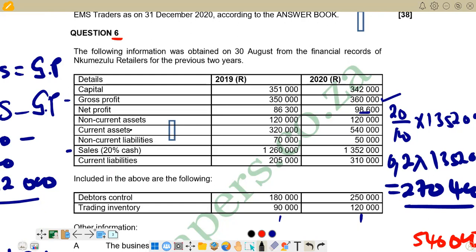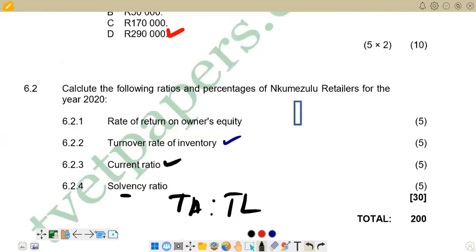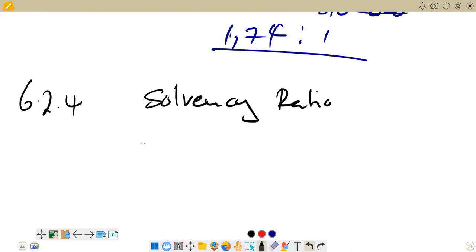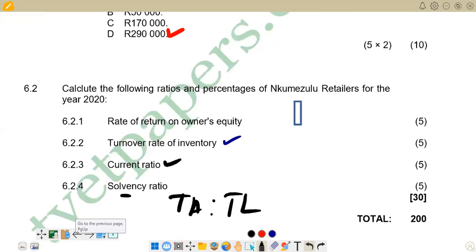So you can just go there and do that in the answer section. Remember, this is the solvency ratio, and the formula is total assets to total liabilities. On total assets, we are adding the two. We can just add them on that side, then bring the totals here.